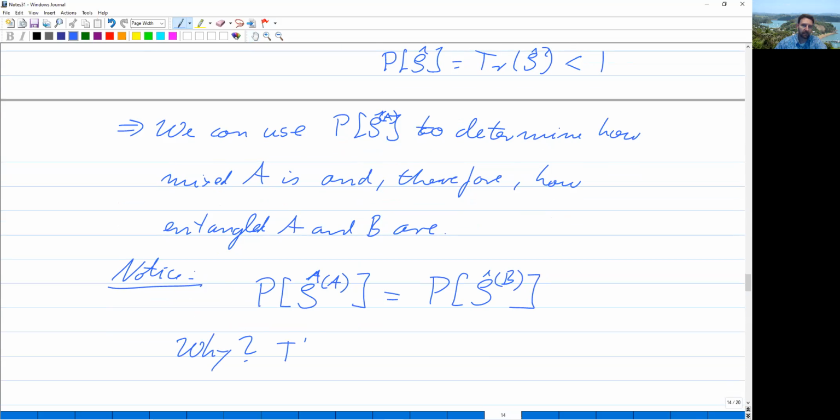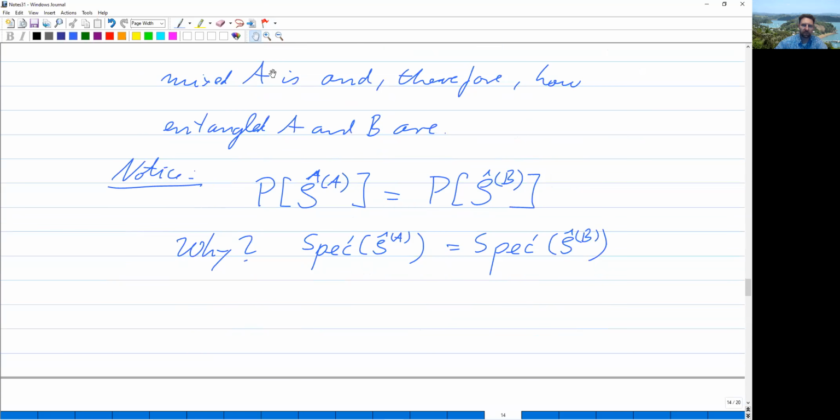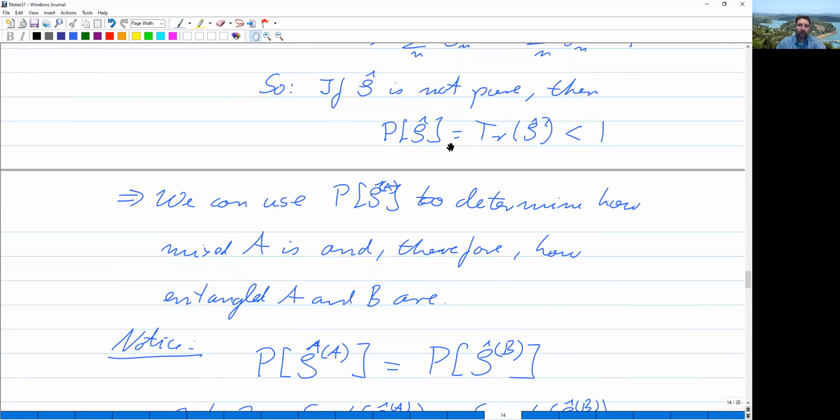Well, the spectrum prime of rho hat A is equal to the spectrum prime of rho hat B. We know that from before when we studied the von Neumann entropy, namely that rho hat A has the same non-zero eigenvalues as rho hat B. And it's only the non-zero eigenvalues which go into the calculation here.